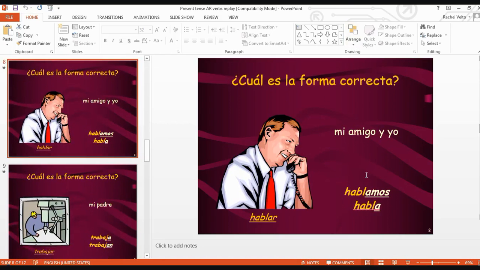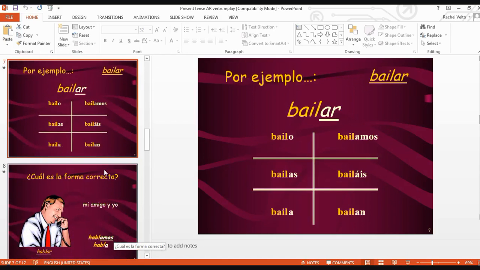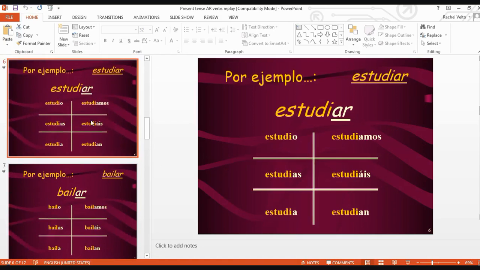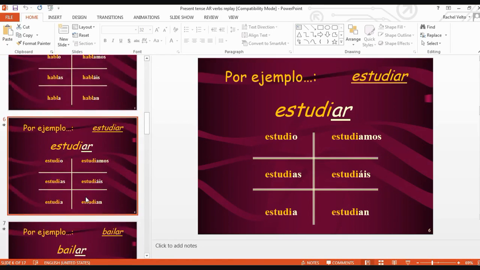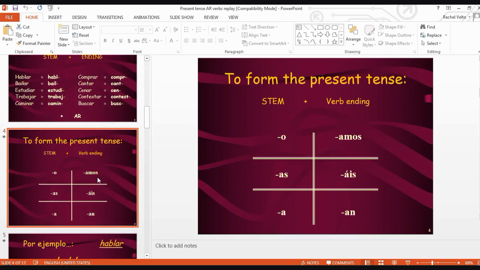How do we know which is the correct form? So before we go into these, remember, look at your endings. Which person went with which ending? Where was the original endings group? So we've got o, as, a, amos, áis, and an.